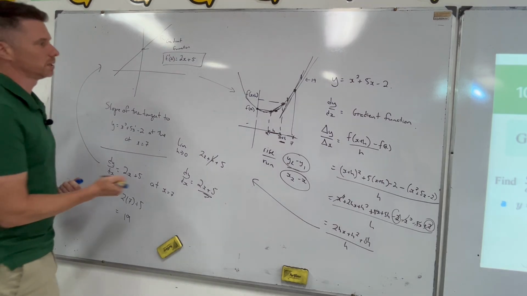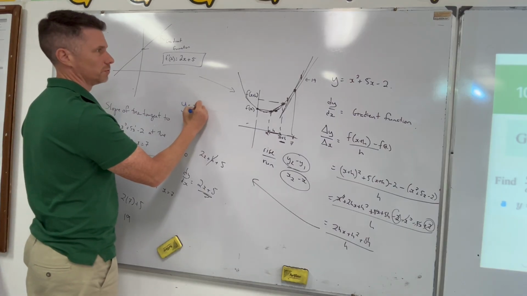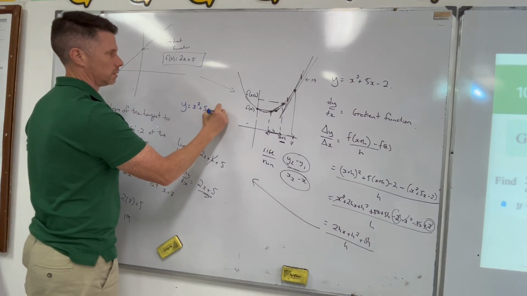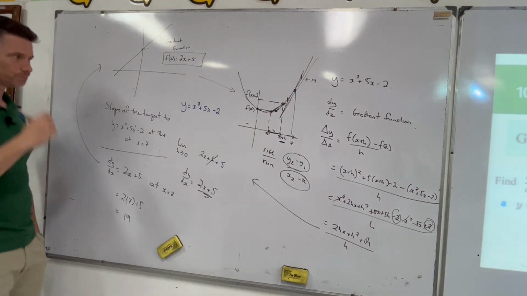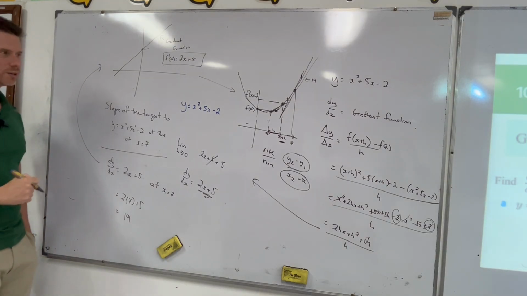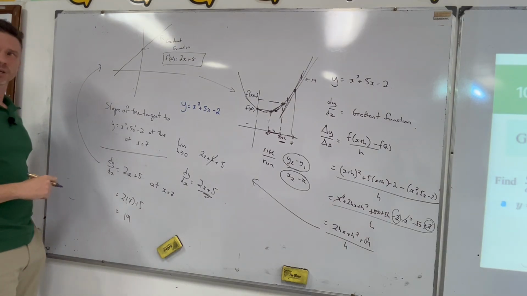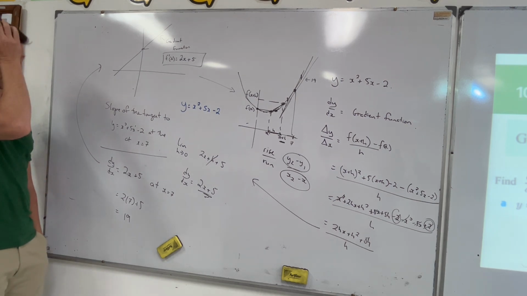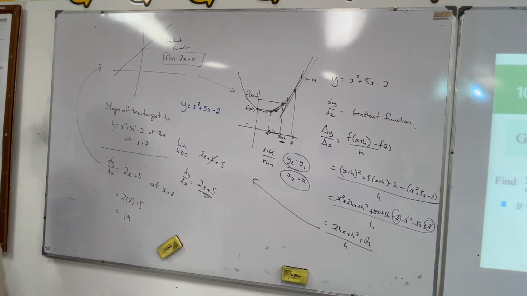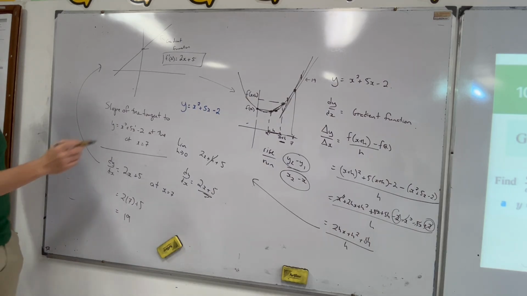Let's test our knowledge of the vertex. What would be the axis of symmetry? It's minus b over 2a, so minus 5 over 2. Negative 5 over 2 is the axis of symmetry, so negative 2.5.